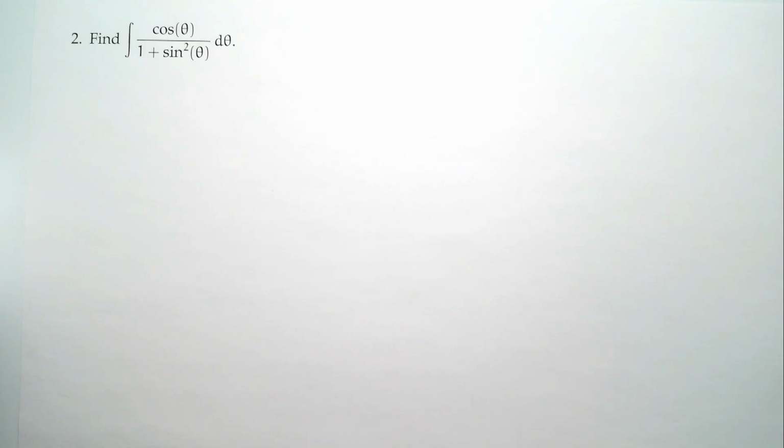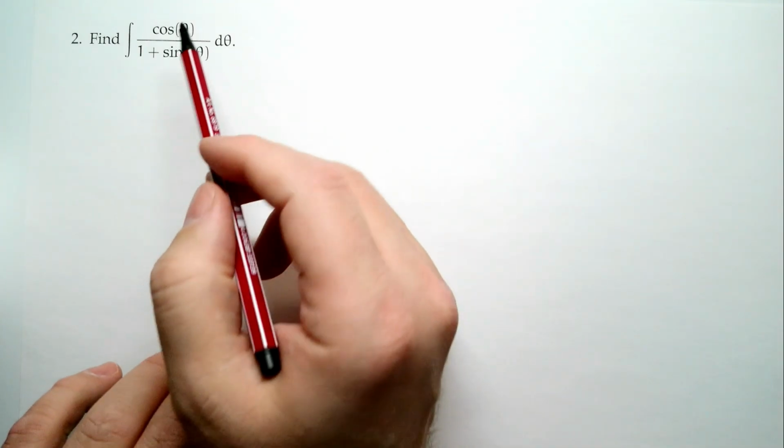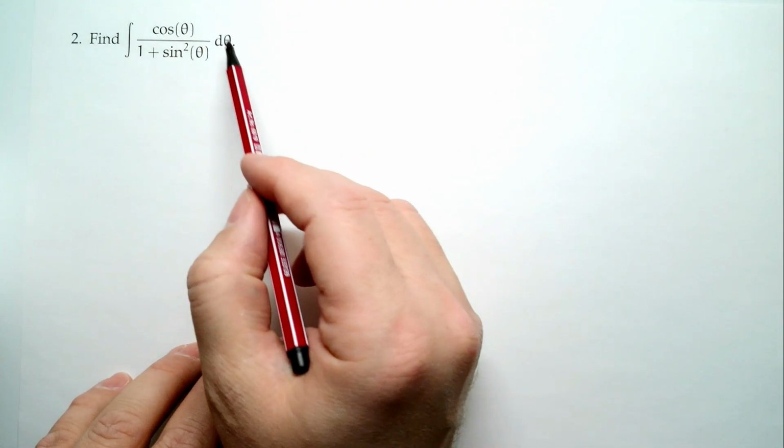But one of the things that I often look for when I'm seeing a problem for the first time is substitution. Because that's sort of the most powerful tool you have. And when it comes to doing integration, substitution is going to get you farther than any other tool. So in this case, what I'm drawn to is the fact that I see this cosine theta upstairs.